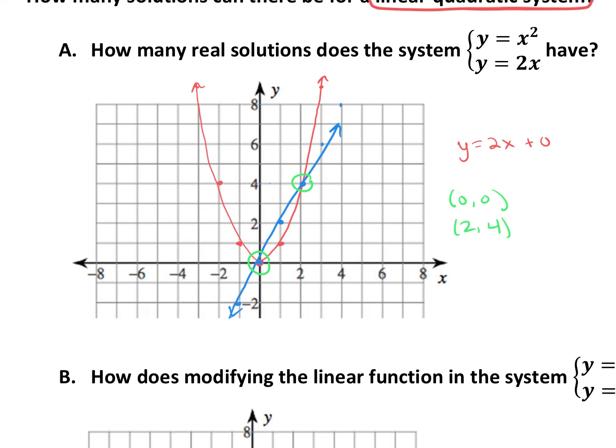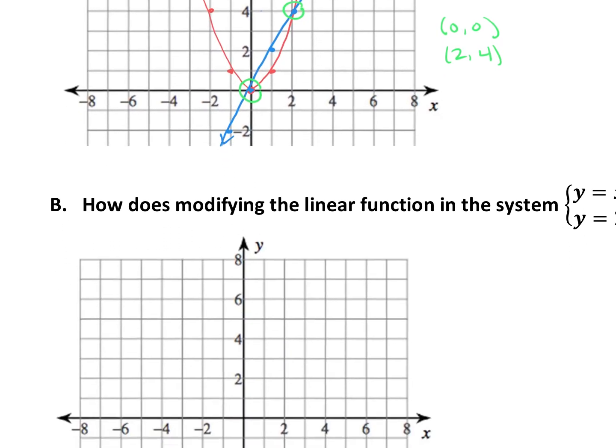We are going to have our solutions be ordered pairs because our equations have x's and y's. So we want to have an x and a y as part of our solution. So this system has two real solutions because the linear function, the line, crossed the parabola, the quadratic, in two spots.